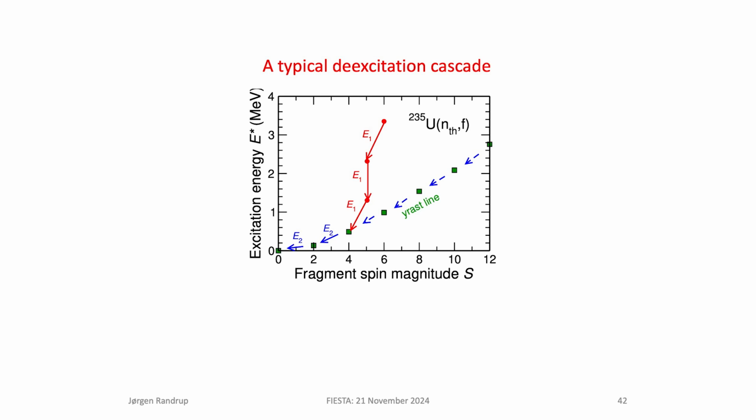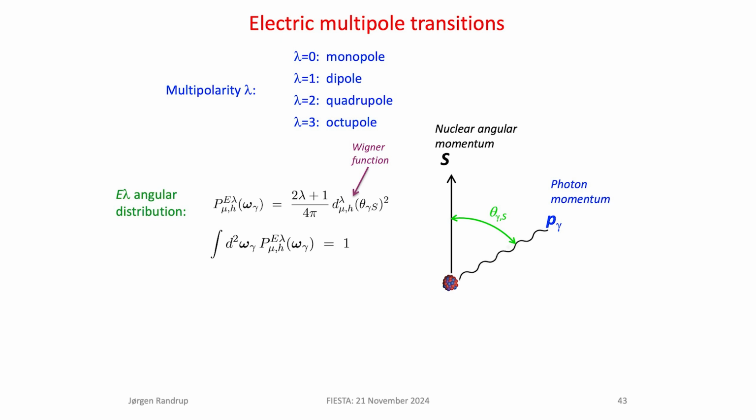So these are mostly electric dipoles, and these, which are associated with rotational bands, are electric quadrupole. They're quite different, and I will speak mostly about these because they have proven to be very useful for diagnostics.